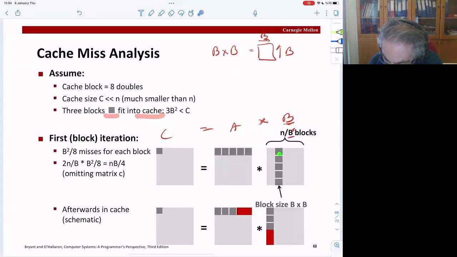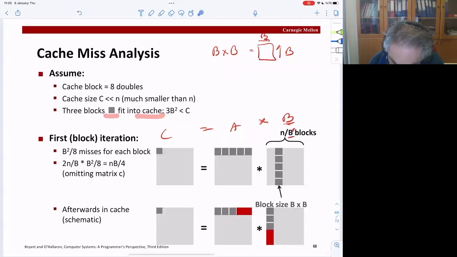And the same goes here for B as well. So in total, when I'm doing this multiplication, I will have n over b blocks. Well, n is the size of the big matrix, and b is the block size. So I will have n over b blocks here, and n over b blocks here, so 2n over b blocks in total from A and B. For each of the blocks, I will have b squared divided by 8 misses.